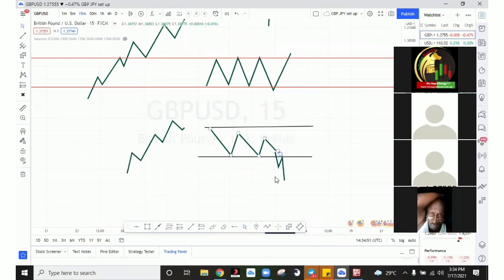Okay. Sometimes it could also break out to the upside. After all the move, sometimes price gets back in, comes out, now retest.